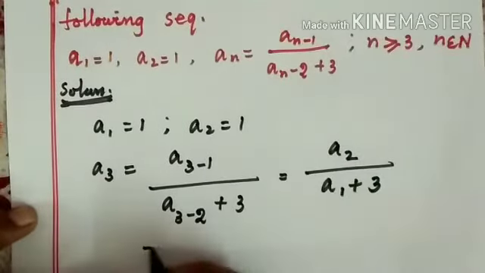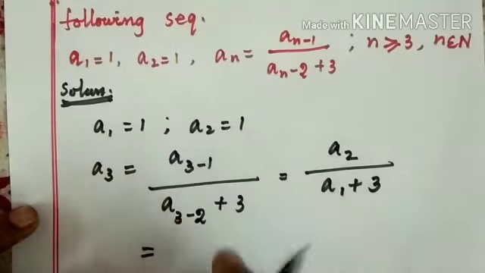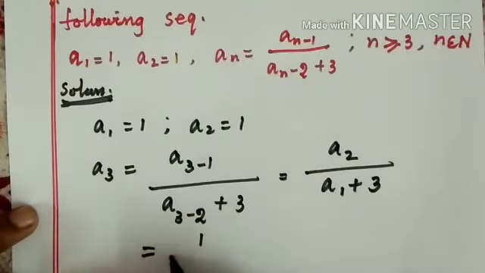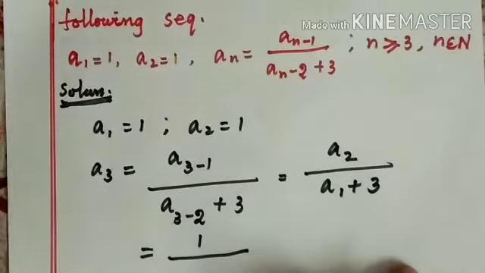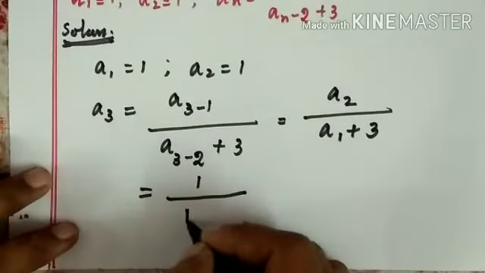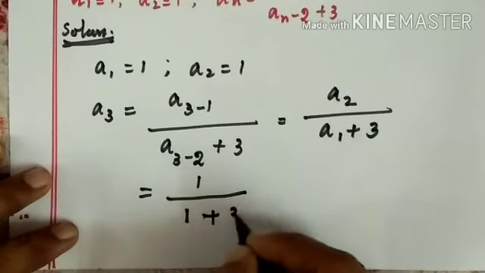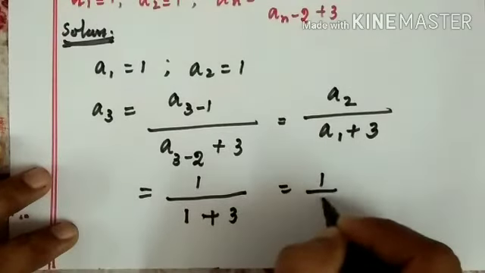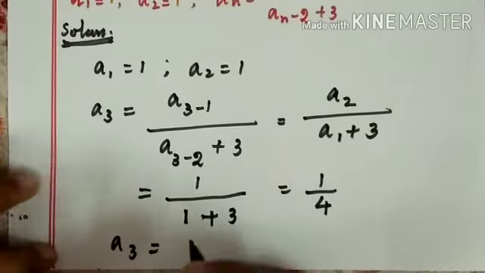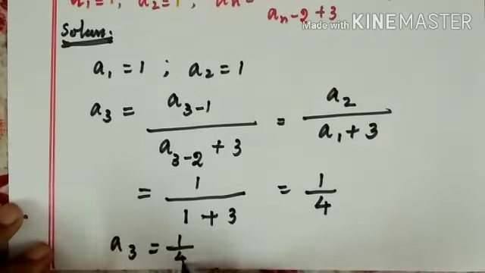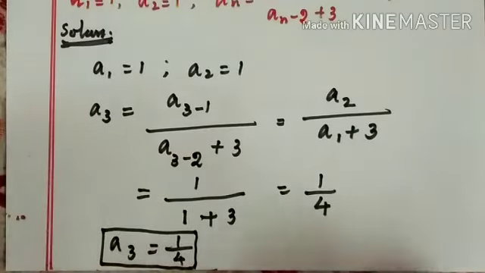Instead of A2, you put the given second term, that is 1, by, instead of A1, you put the given first term, that is also 1, plus 3 is equal to 1 by 4. Hence, the third term A3 is equal to 1 by 4. This is the answer for the third term.